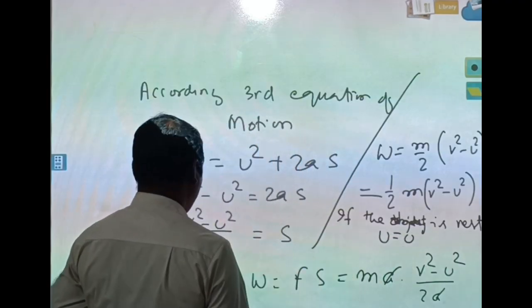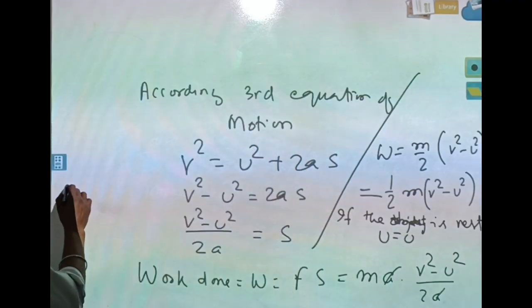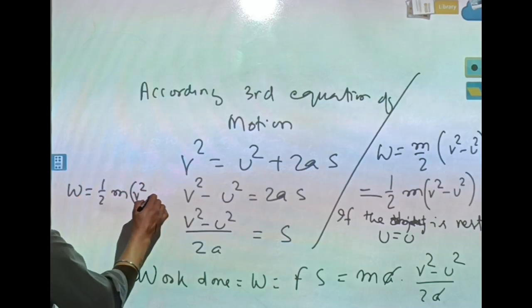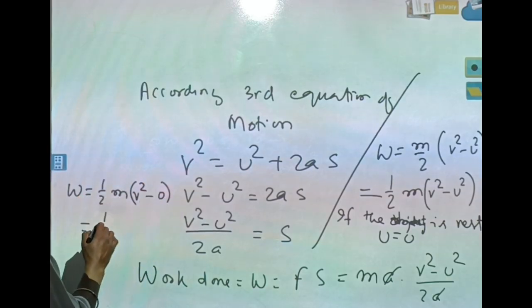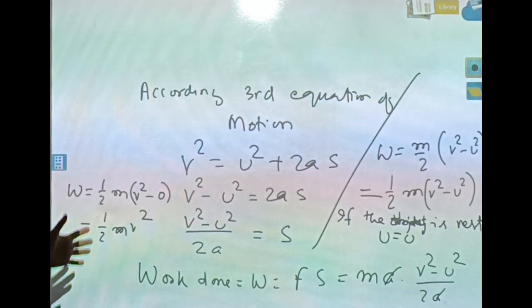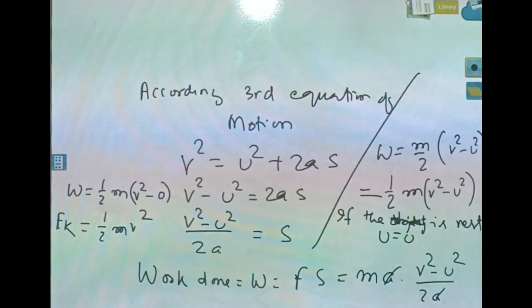So what will be the work done? Half m v square minus 0, that is half m v square. This work done is equal to kinetic energy. So Ek is half m v square. This is the kinetic energy equation.